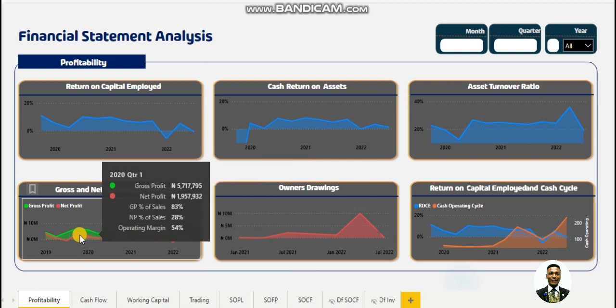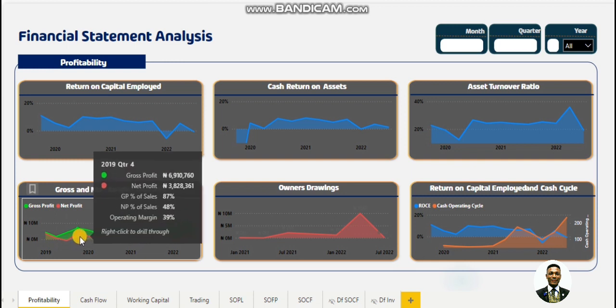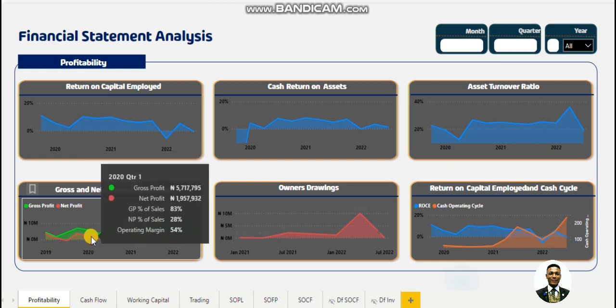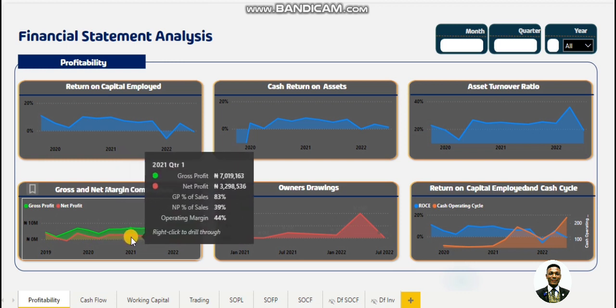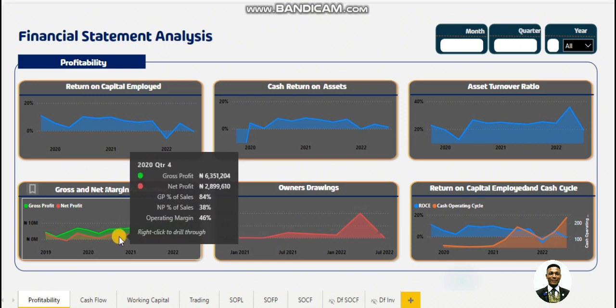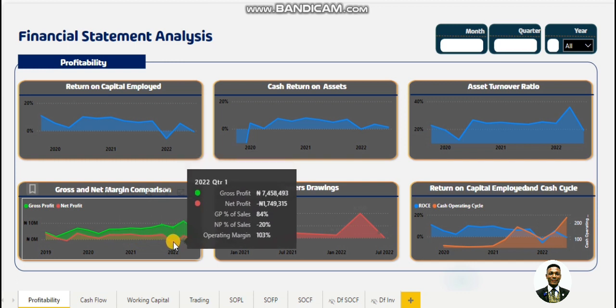Looking back, you notice that the operating margin that was at 48% gradually continues to grow to 50, 54%, 61, comes down again to 46, was stable around 40 for a while, increased to 50%, stable, increased to an all-time highest of 103%, meaning they spent all the income they generated in the first quarter of 2021 on admin and operating expenses, and even spent more.